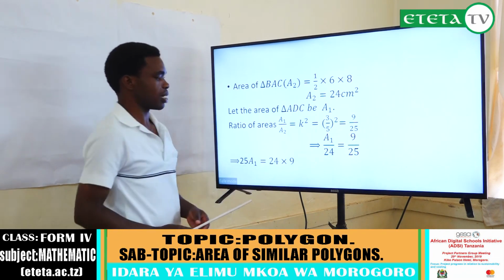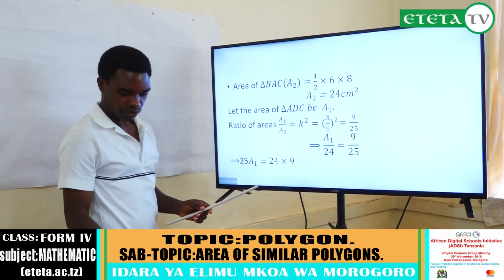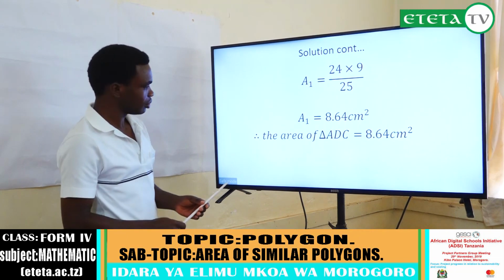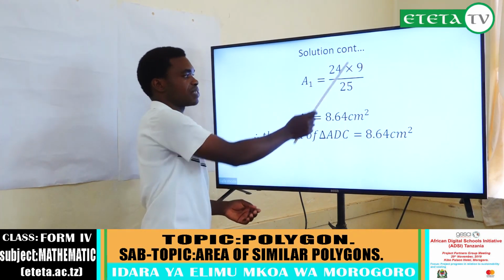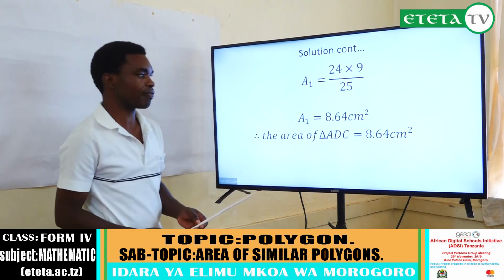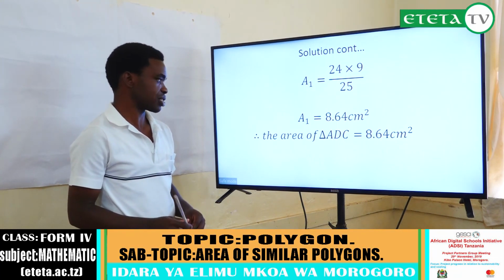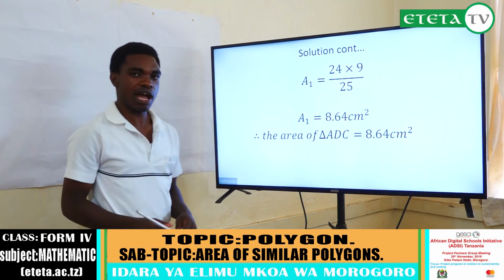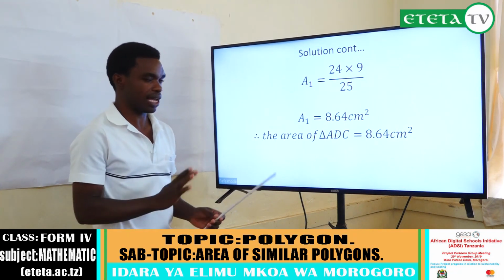Now our concern is to find A1. You can make A1 the subject, so it will be 24 times 9 over 25. Working on this, you get 8.64 centimeter square. That is the area of triangle ADC.